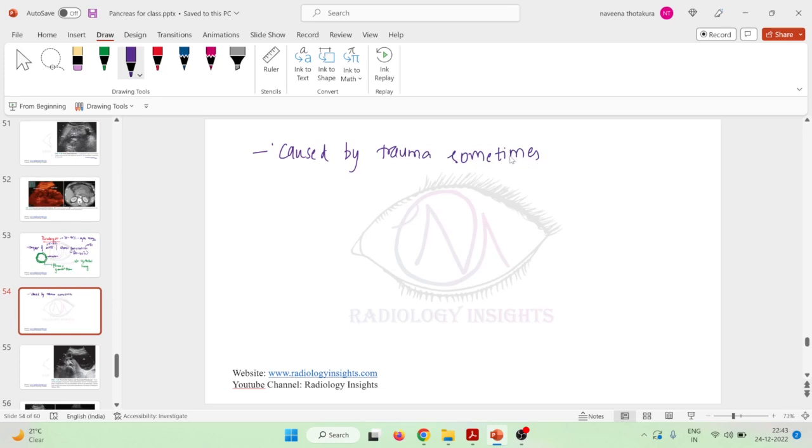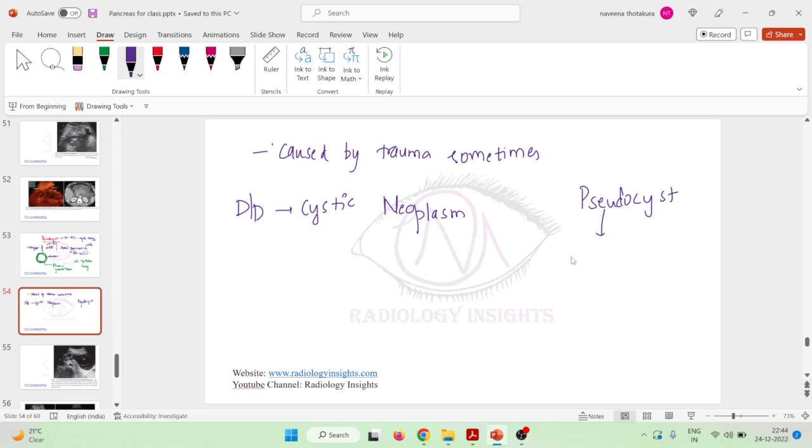One important differential diagnosis of pseudocyst is cystic neoplasm, and it is very important to differentiate between a pseudocyst and a cystic neoplasm, because they have different clinical outcomes and different management.